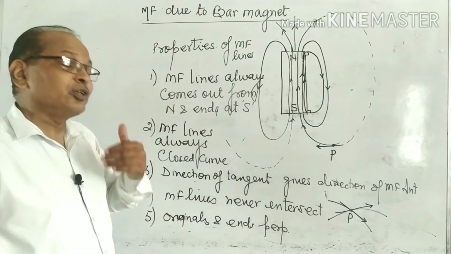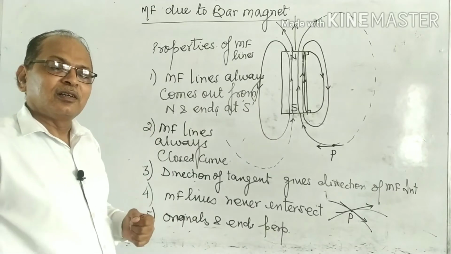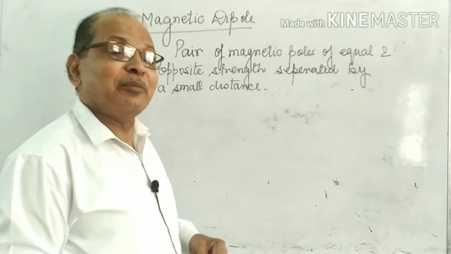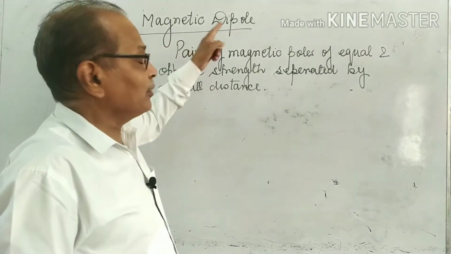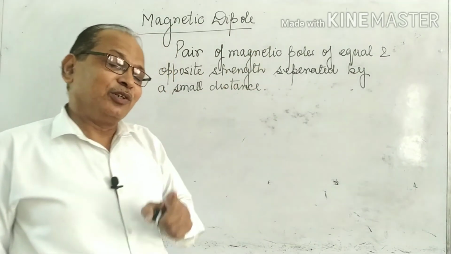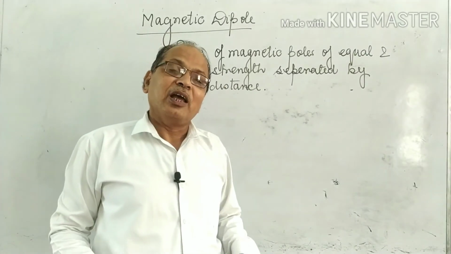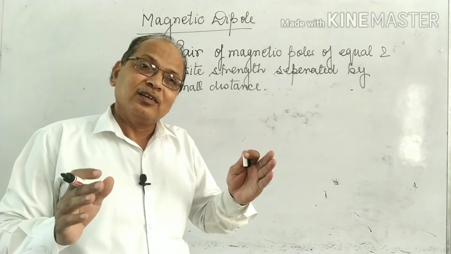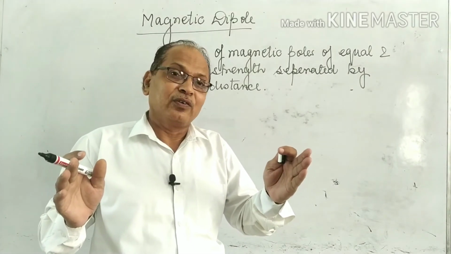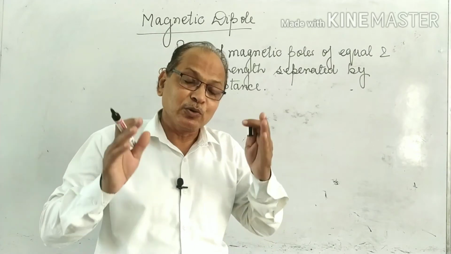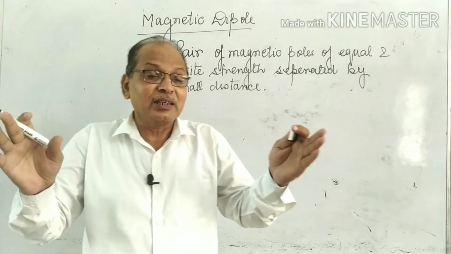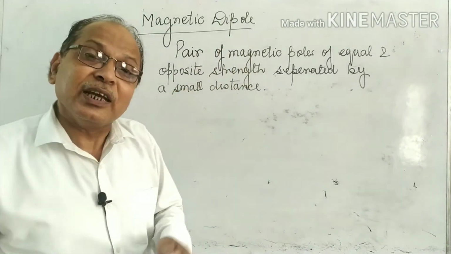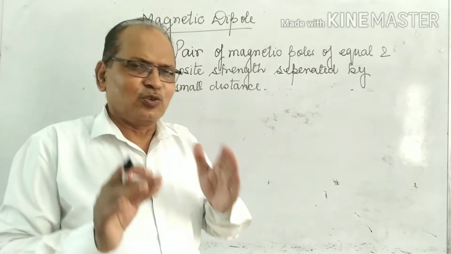Now you can note the content. Our next topic is magnetic dipole. As the name indicates, magnetic dipole. In the first chapter you studied, students, about the electric dipole, where two charges equal in magnitude but opposite in polarity are separated by a certain distance, and this forms an electric dipole. The same concept is here.